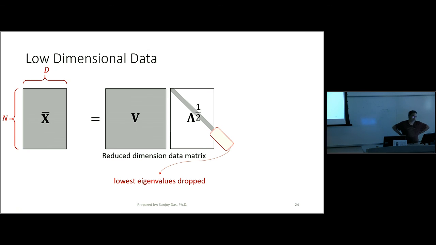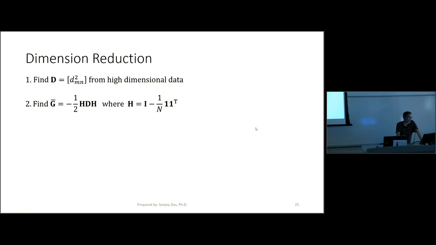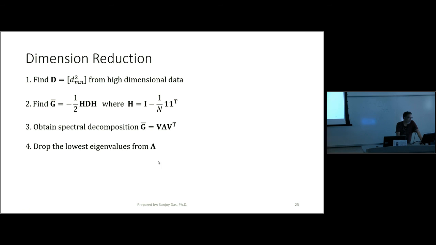So this is the low dimensional data, and I can drop this part of the matrix V, the eigenvectors corresponding to small valued eigenvalues. This is basically a reduced rank approximation of G bar, and from that I can retrieve my X bar.